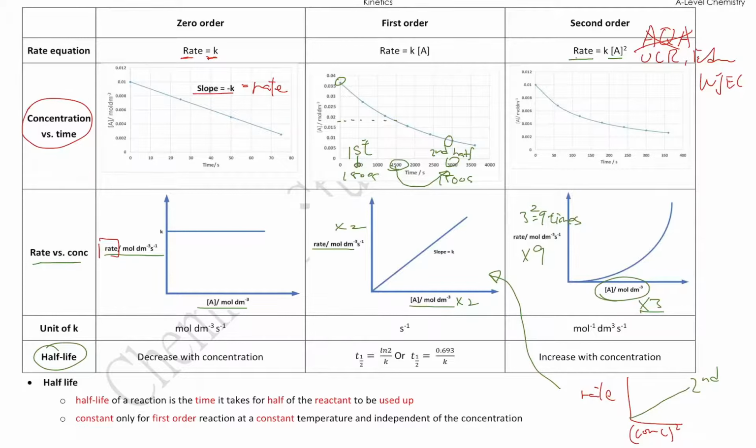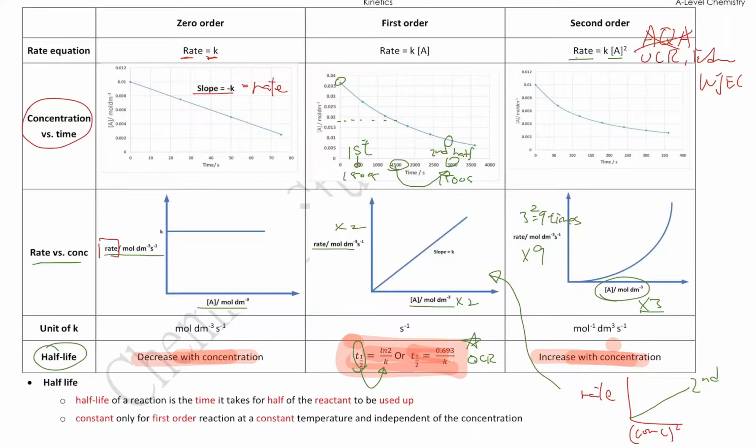Obviously for second order the half-life will change, but there is no need to remember why or how it changes. Here I give you the result just for reference, no need to remember that. The equation here is only a special requirement for OCR chemistry. If you are studying OCR chemistry, you have to remember one extra relationship, which is that you can use the half-life for a first order reaction to solve the value of the rate constant.